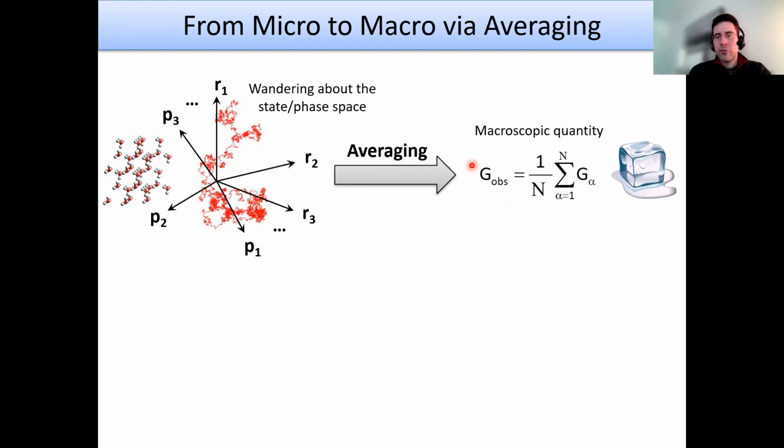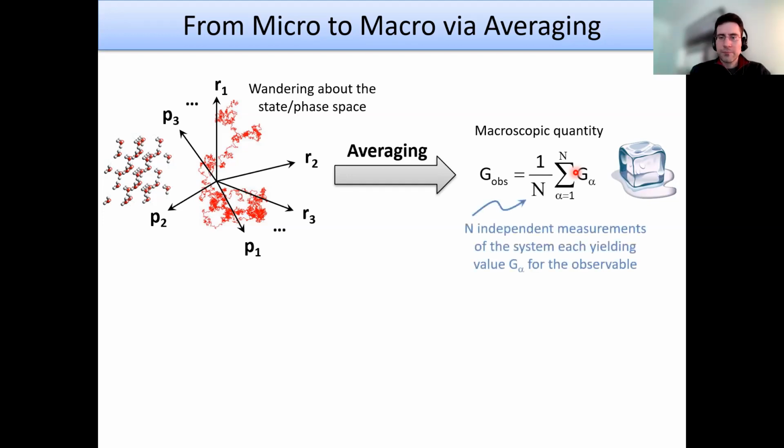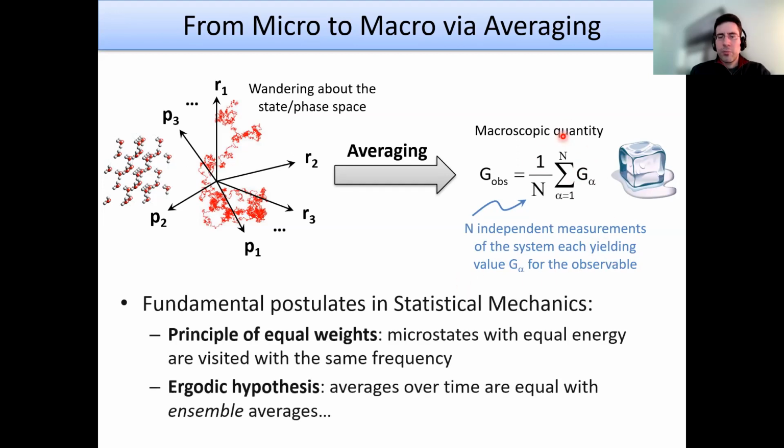This G observable, the observable macroscopic quantity, is equal to this sample average: 1 over the number of samples, the sum for alpha going from 1 up to the number of samples, of G of alpha. These are the measurements that we take, irrespective of whether the measurements are over time or over an ensemble. So each one of these measurements yields a value for the observable, and then we average them out.